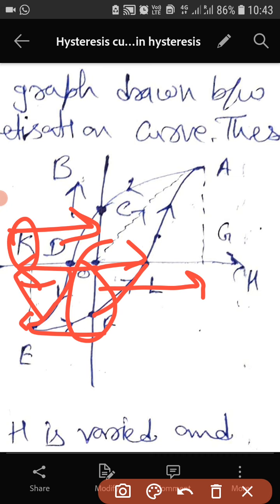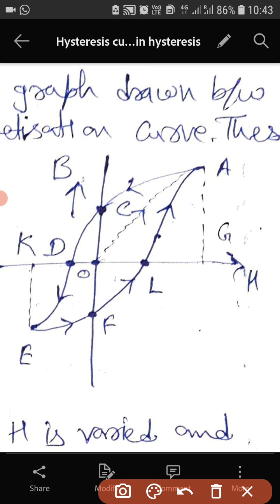If we further increase in the positive direction up to point G, then again we reach point A. So we have this complete loop, A C D E F L A. This whole loop we get when we vary the applied magnetic field H in the positive and negative directions.